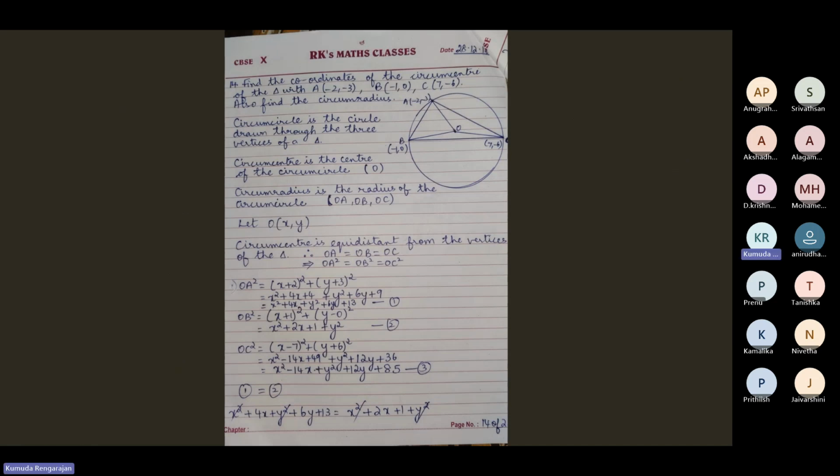The question is to find the coordinates of the circumcenter and also the circumradius. So let the coordinates of the circumcenter be O(x, y). Condition is OA is equal to OB is equal to OC, because that's nothing but the radius of the circle. So OA square is equal to OB square is equal to OC square.